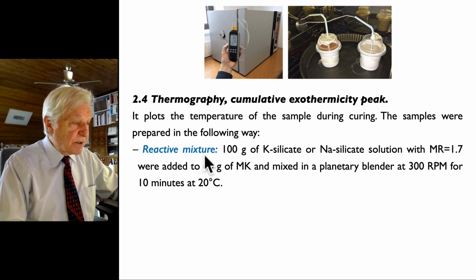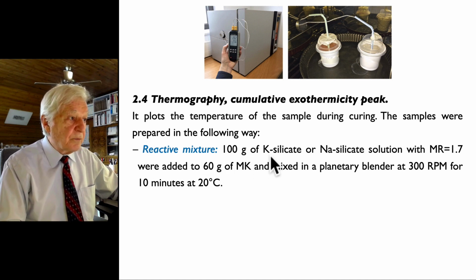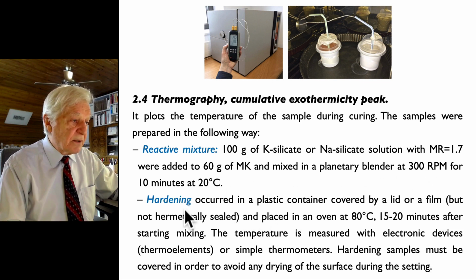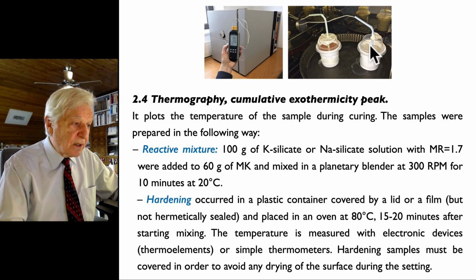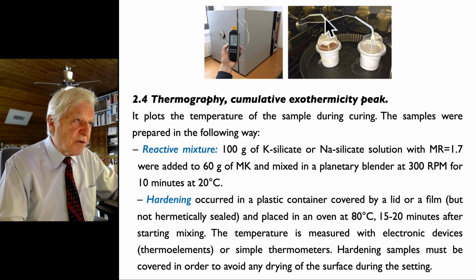The reactive mixture is made of 100 grams of potassium silicate or sodium silicate solution with a molecular ratio of silicate 1.7, to which is added 60 grams of metakaolin, and this has been mixed for 10 minutes at 20 degrees C, and then the hardening is done in plastic containers like this one. These are very simple containers that are covered with a lid, and here we have the thermal element coming through the walls outside and measurement with the device.